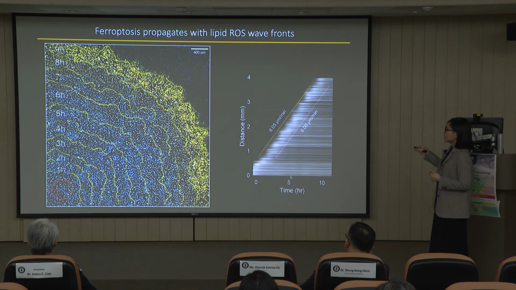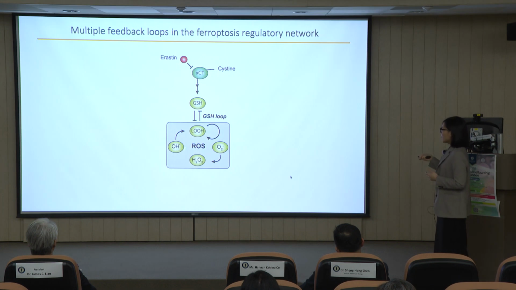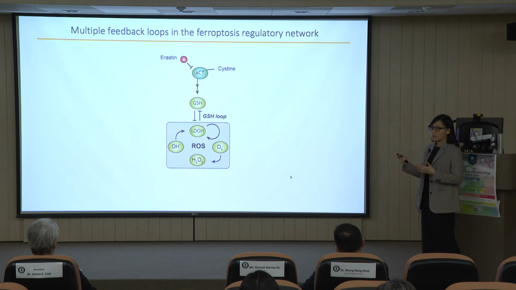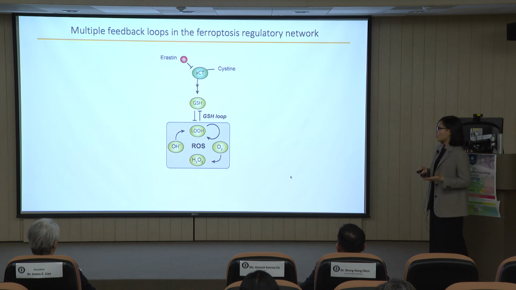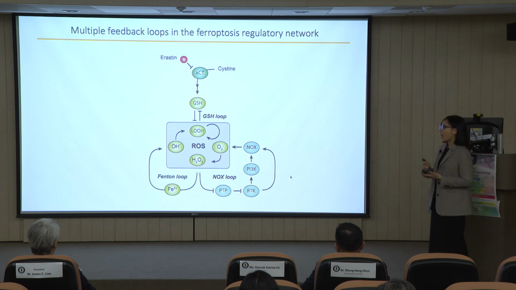And you will see this wavefront of lipid peroxidation shown in the yellow color that proceeds before cell death shown in blue. And this lipid peroxidation, here LOOH, is one of the multiple reactive oxygen species that I found to be elevated at the wavefront. And these ROS species interact with each other through multiple positive feedback loops mediated by NADPH oxidase and iron.